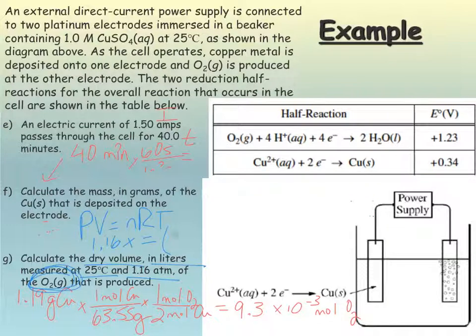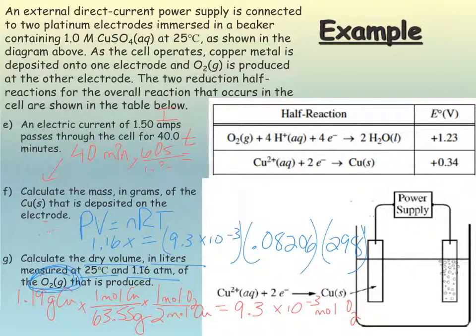The number of moles I just found was 9.3 times 10 to the negative third. My R is 0.08206, and my T is 25 Celsius converted to Kelvin, so 298. Multiply, divide, and I get 1.197 liters of O2.